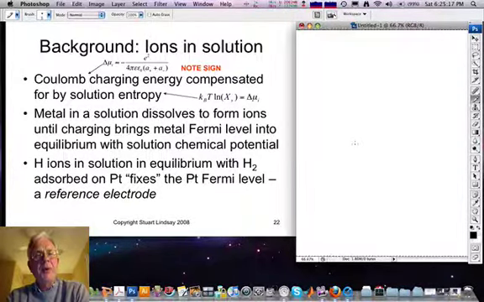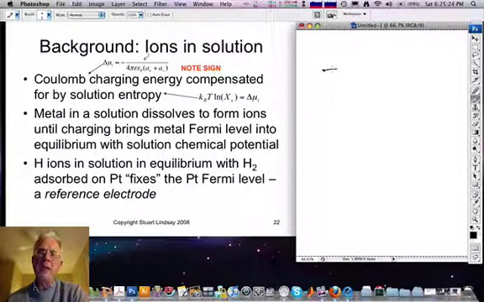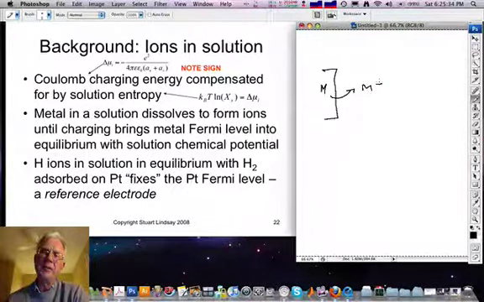Now, what happens when a metal is put in contact with an electrolyte? Well, even though the metal atoms are neutral in the metal and have to gain energy to become charged ions in solution, they also gain entropy. So there is a driving force for metal atoms to leave the surface as metal ions, donating an electron to the metal.